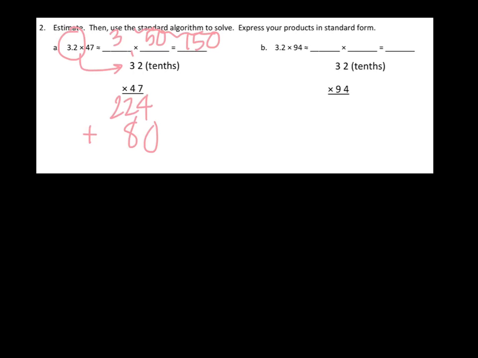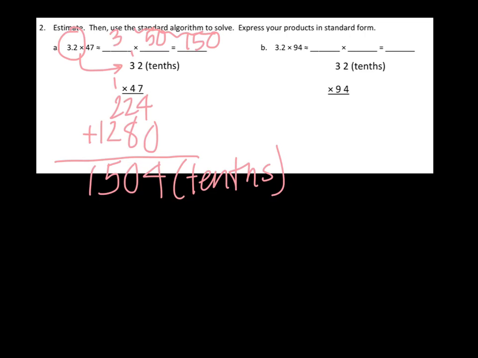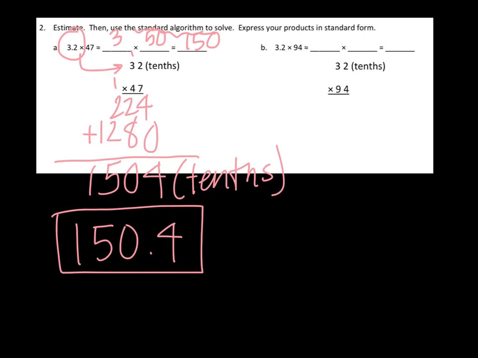And 3 times 4 would be 12. We're going to line all these up. So we should get 1,504 tenths, or 150.4. And that's how you write the product in standard form.